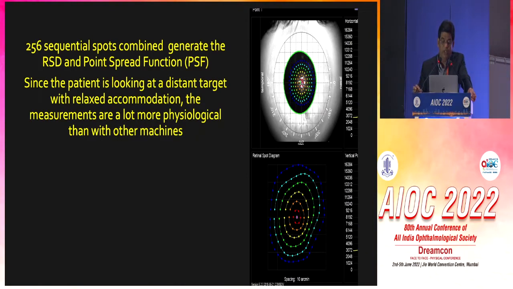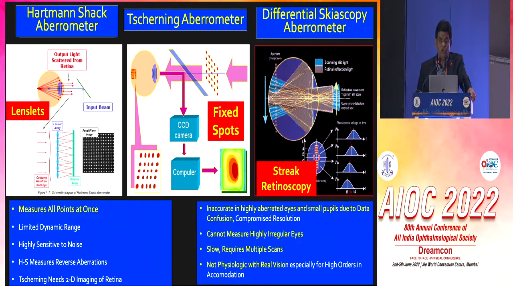And since the patient is looking at a target which is distant with relaxed accommodation, the measurements and the values we get are a lot more physiological than with other machines. So, now just a word about other machines like the Hartmann-Shack aberrometer or Tscherning aberrometer or the skiascopy-based OPD scans. What they have is a fixed signal which goes into the eye and a fixed signal which comes out.